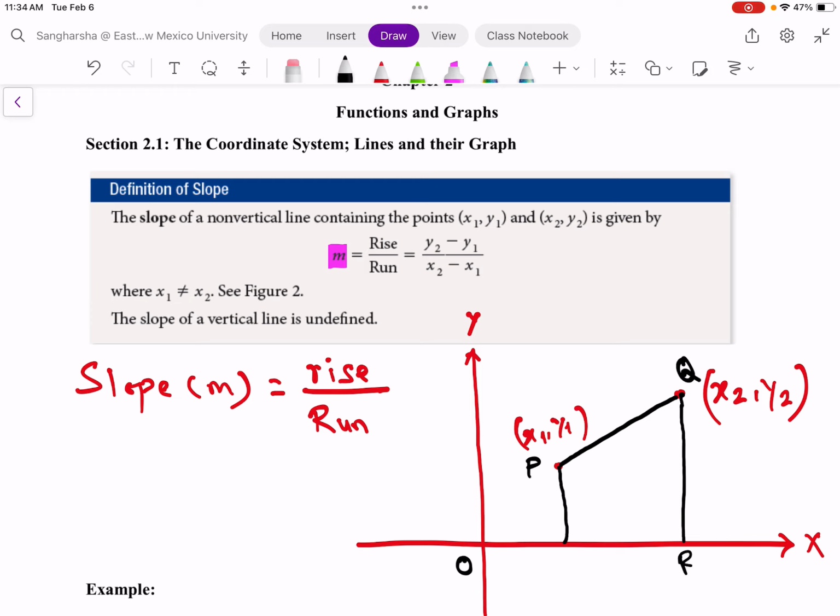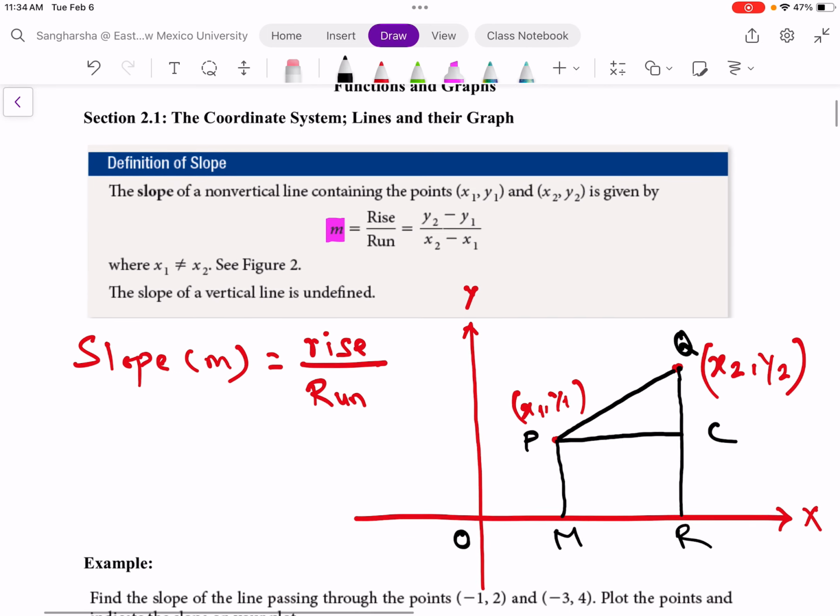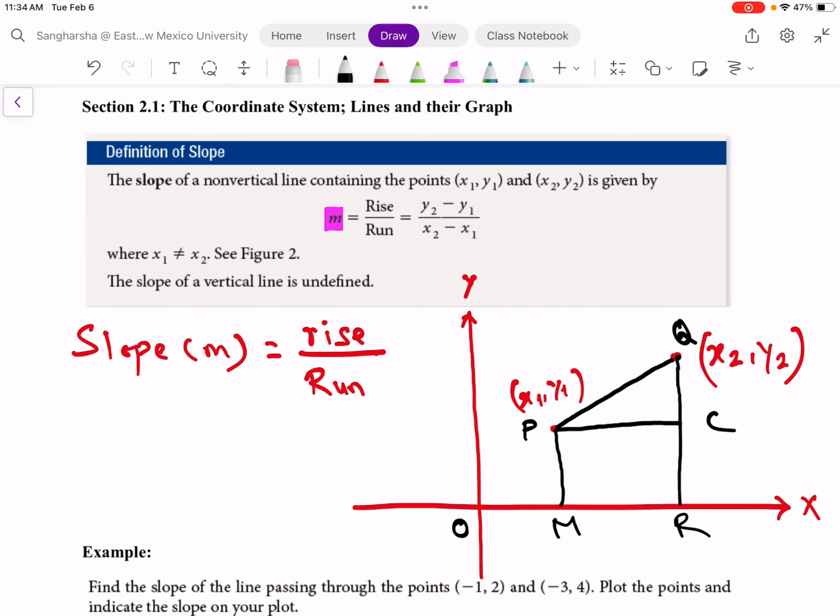So QR is the vertical line from Q on the x-axis, and we draw a horizontal line from P onto the QR line, and we have PC. Let me call this point M.